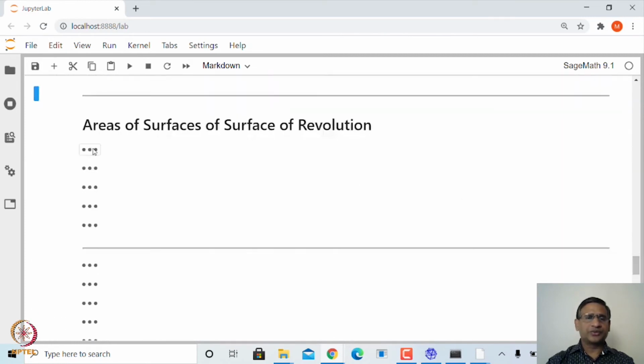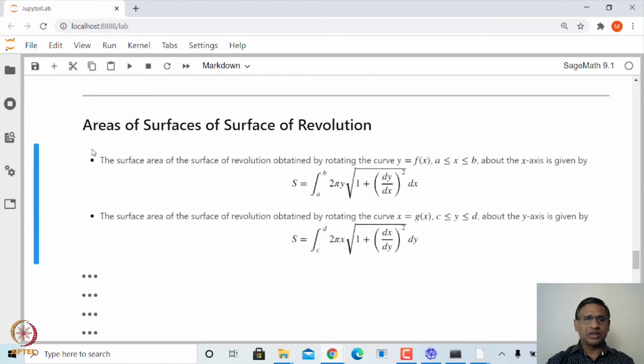Okay. Similarly, if you want to find the surface area of a surface of revolution, we have already seen how to plot the surface of revolution of any curve. The surface area of the surface of revolution of a curve y equal to f(x) between x equal to a and b about the x axis is given by this formula: the integral from a to b of 2 pi y into the area element ds, which is square root of 1 plus (dy/dx) the whole square.